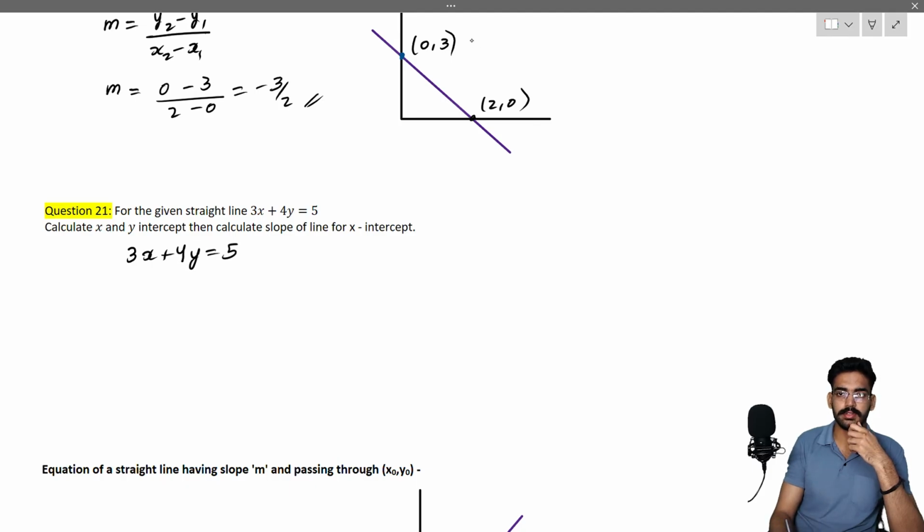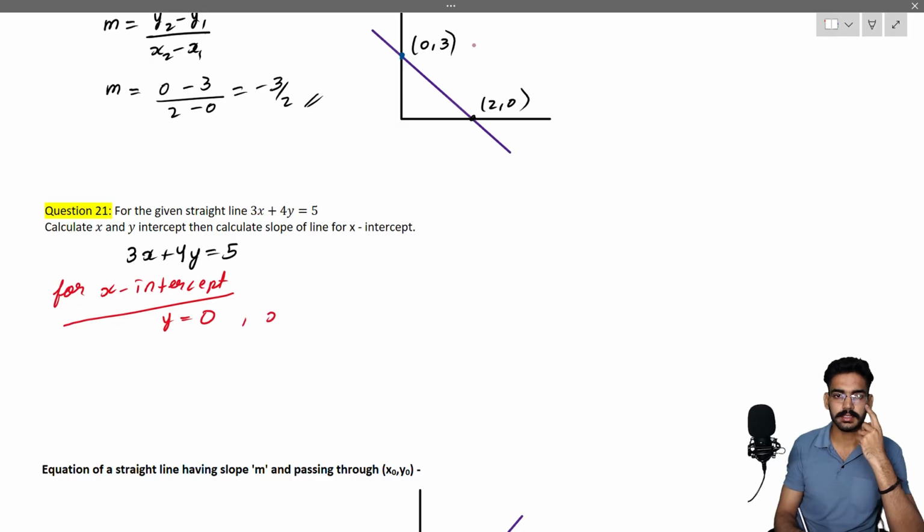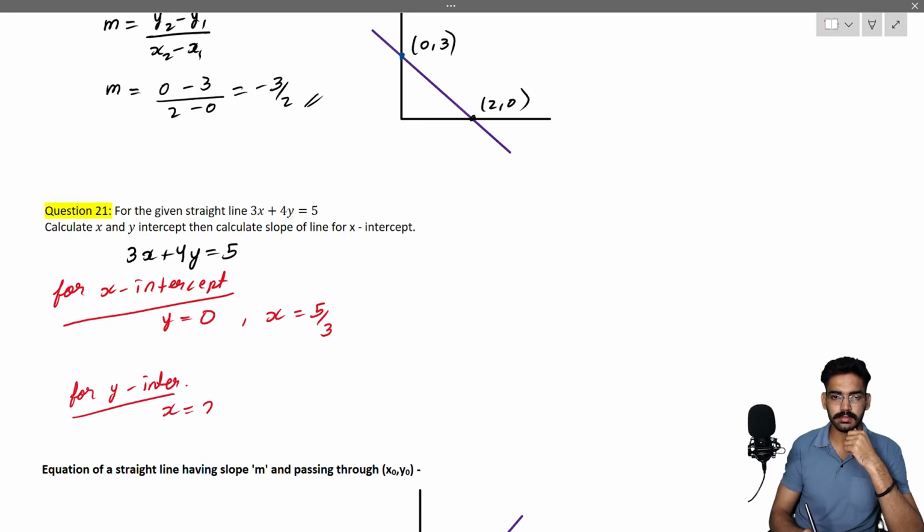For the x-intercept, put y equal to 0 in this equation. What we got? x is 5 by 3, right? And for the y-intercept, I can say x equal to 0, right? So what we got? y is 5 by 4, right?